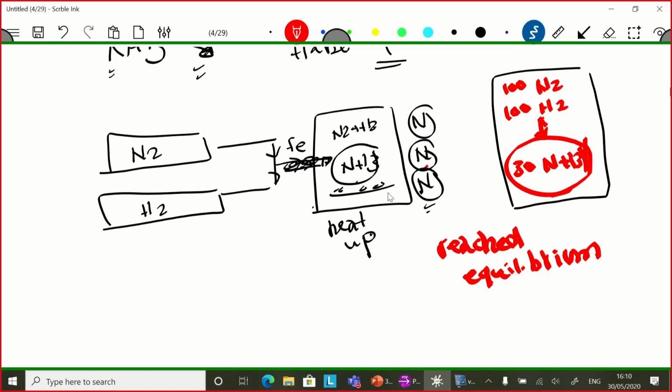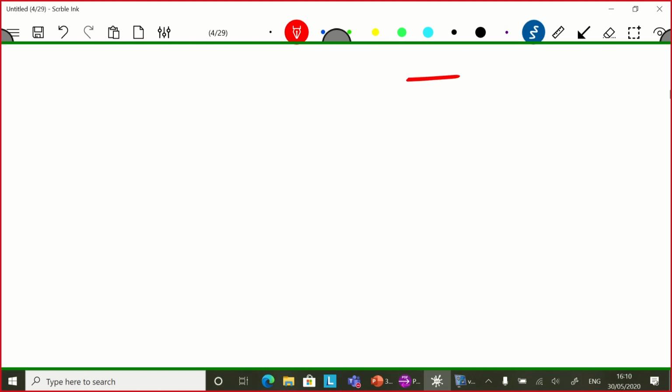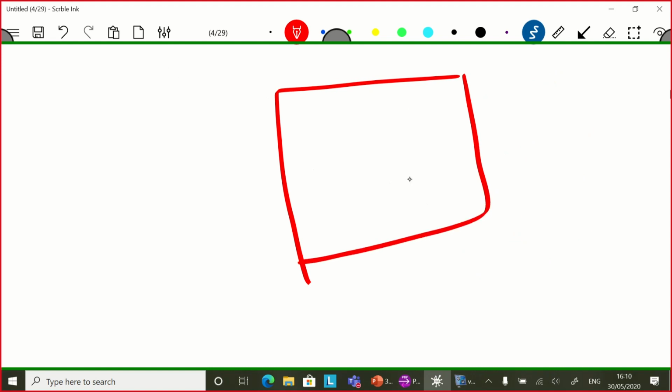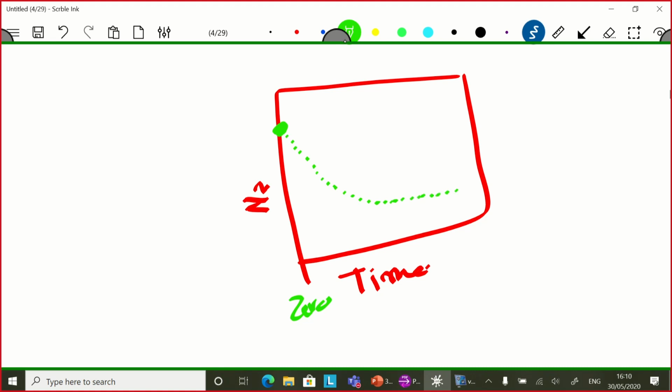We can represent this graphically. If you have a relation between the time and the nitrogen you started with. So I started with a huge amount of nitrogen here at time 0. And then with the time, the nitrogen amount keeps decreasing, and then suddenly it's going to plateau like this.